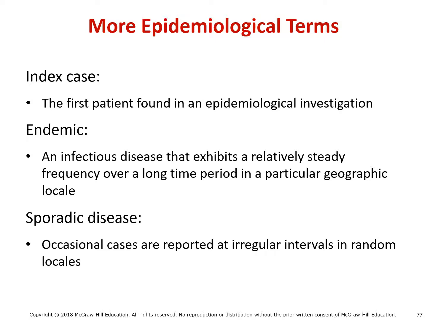Every year we expect X number of flu cases to happen at X time of the year. Sporadic disease is different though. Sporadic does not follow the normal patterns, so it's kind of the opposite of endemic. Either we see huge increases that we wouldn't normally see, or we see them happening in places we would not usually expect.